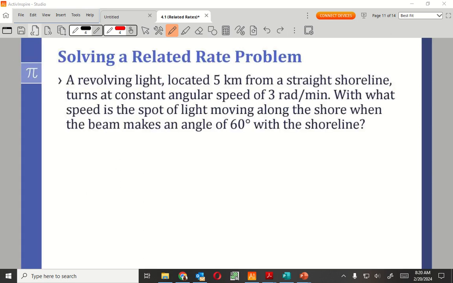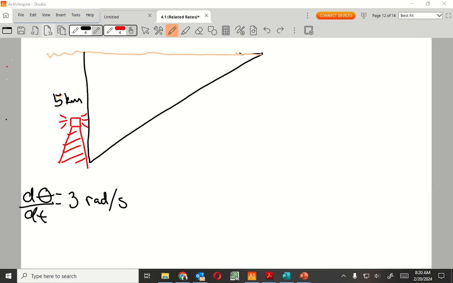Per minute. Minute, okay. I have to put minute. There you go. 3 rad per minute. So, d theta/dt. It's an angle that is rotating. Okay, so I know I have to have a theta in there somewhere.